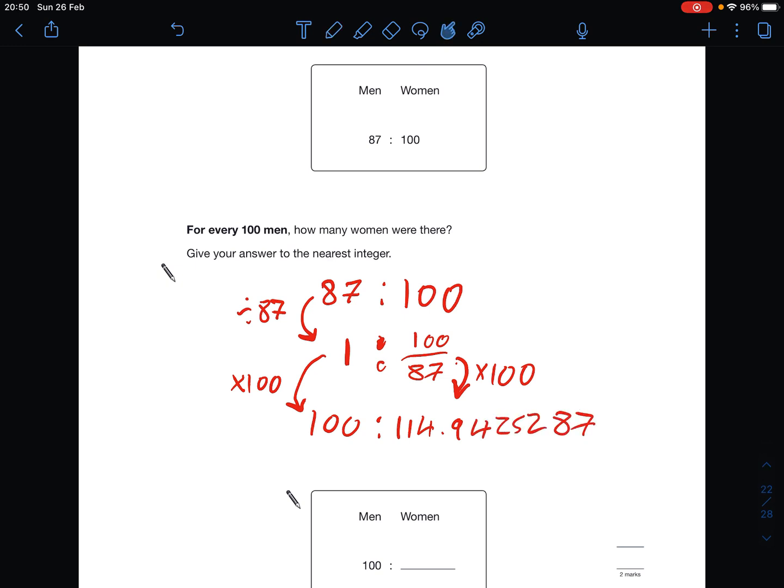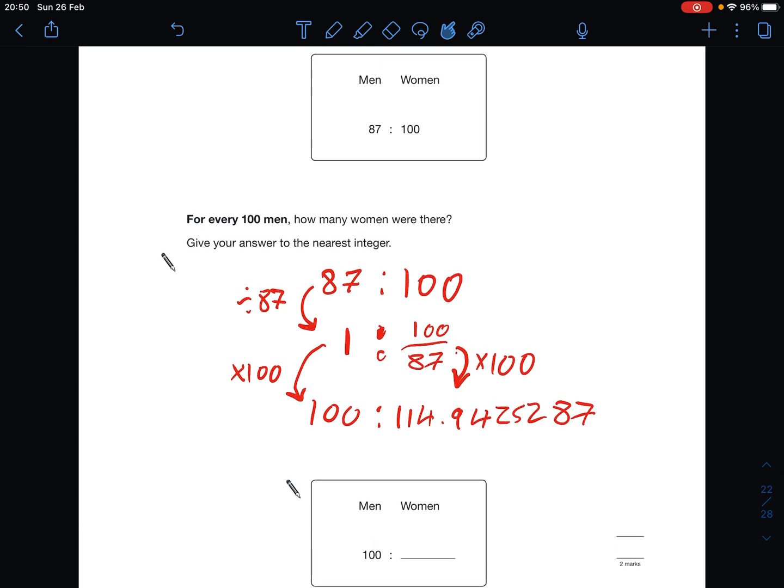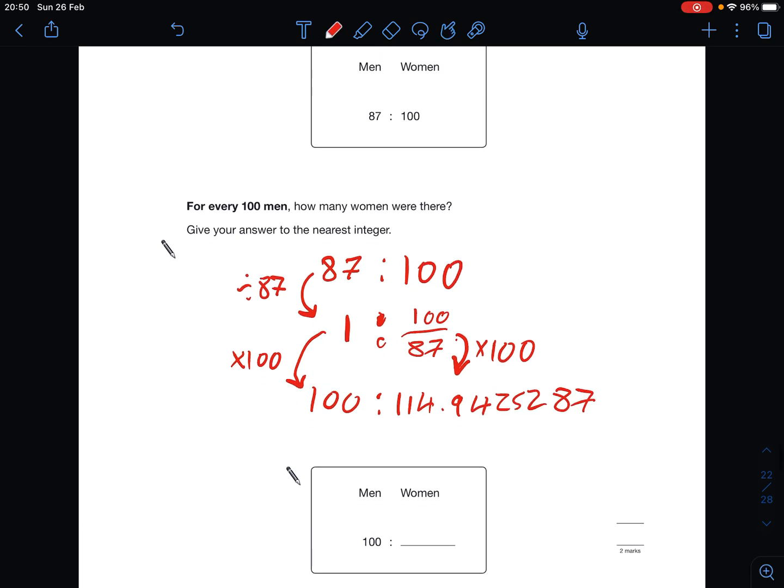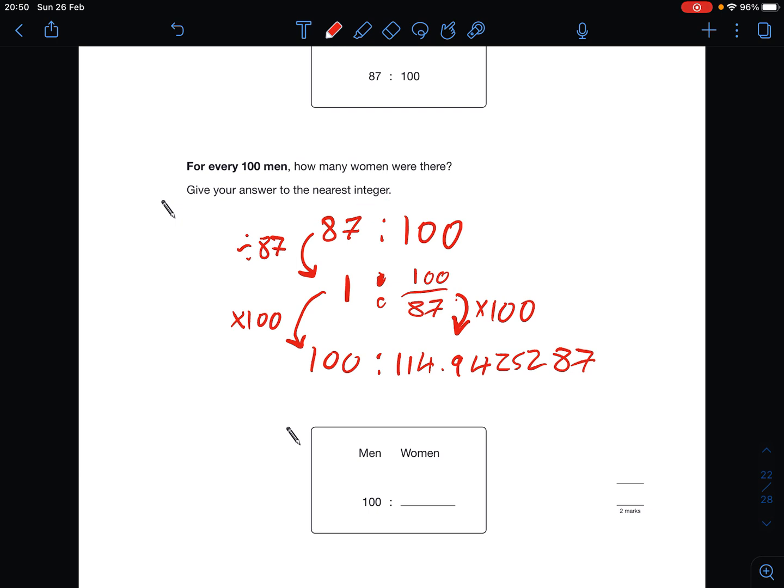Last time I checked, you can't have 0.9425287 of a woman, so we're going to round it to the nearest integer, as it says in the question, 115, integer being whole number. If you're not sure, just think, can I have 0.9 of a woman? Probably not, let's just round it.